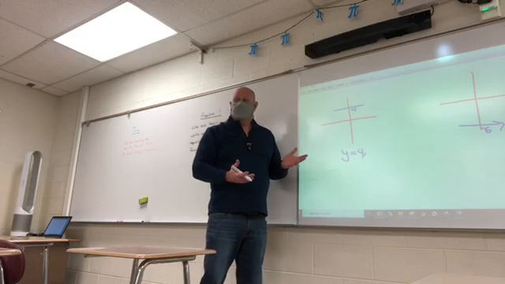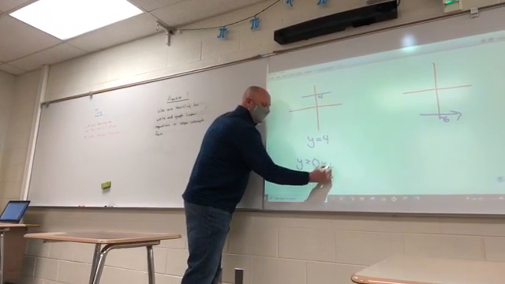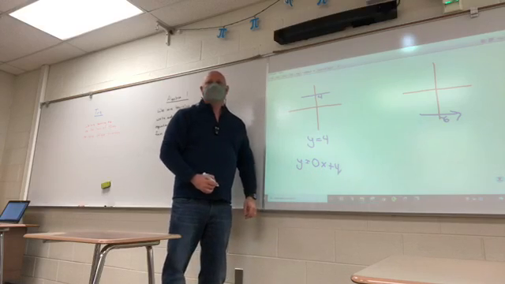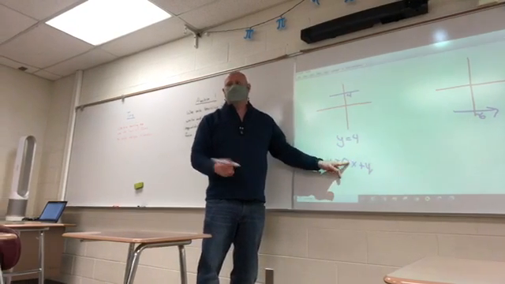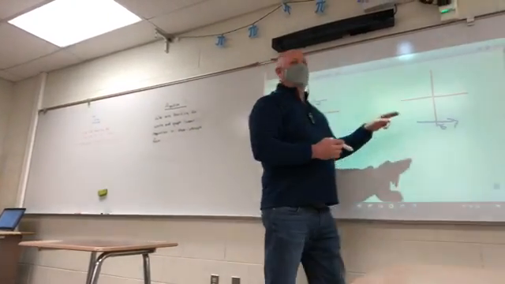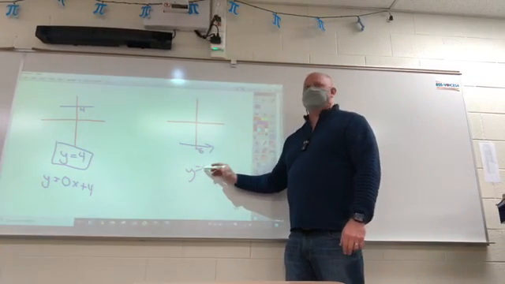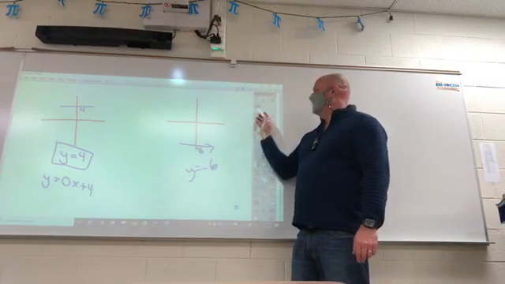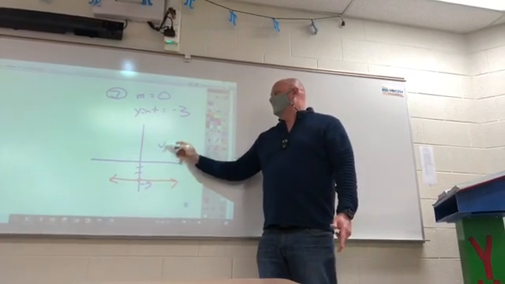There is no slope. The slope is 0. If you want to write y equals 0x plus 4, isn't that just going to simplify to y equals 4 anyway? Because 0 times anything would be 0. So what's the equation of this line? y equals negative 6. What's the answer to this problem? y equals negative 3.